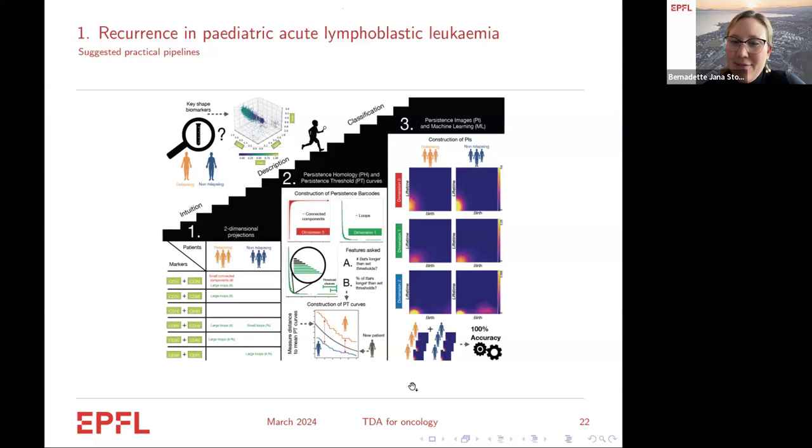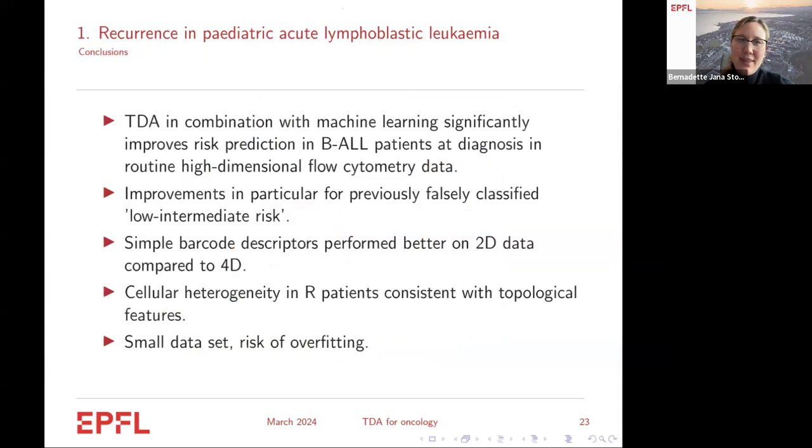And then finally, if one has access to the full computational tools that we use, so persistence images and machine learning, then using the 4D point cloud and persistence images to feed into support vector machine or logistic regression gives us at least very high accuracy.